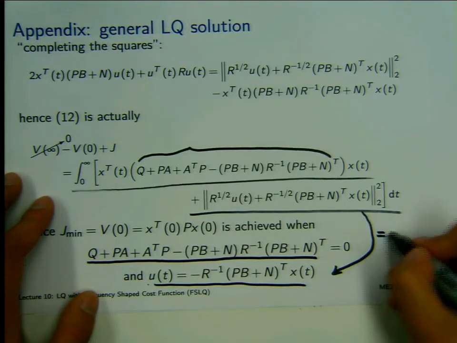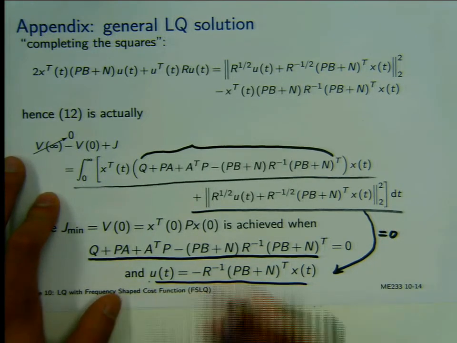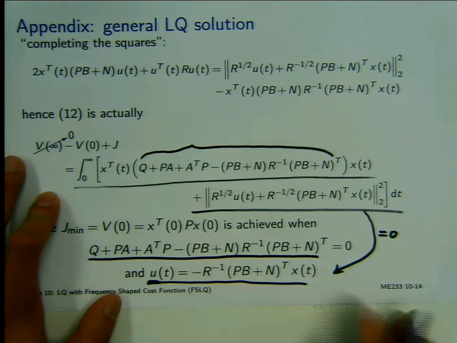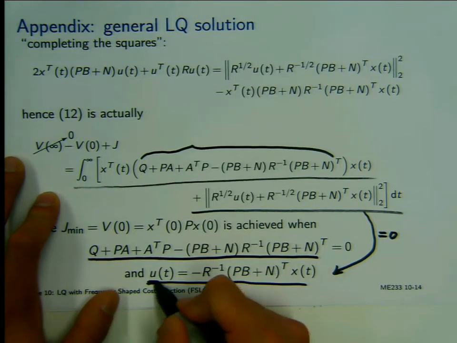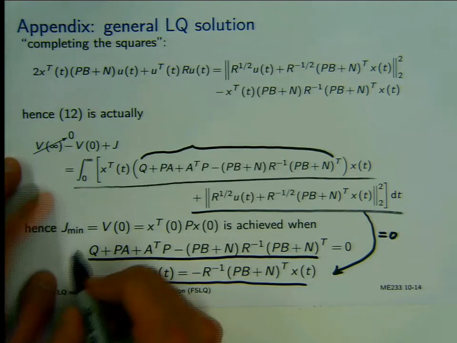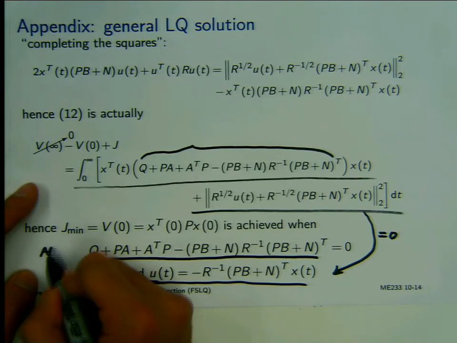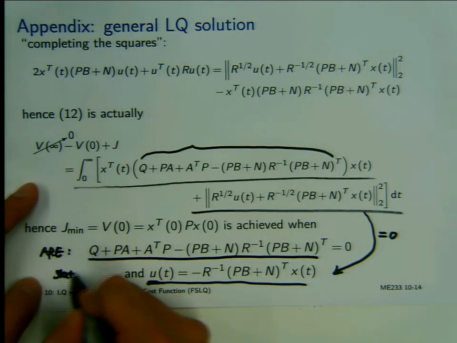So letting this be 0, you get exactly the state feedback gain for u. And this is how you can solve a general LQ problem. You can see exactly where the Riccati equation comes from and the state feedback gain.